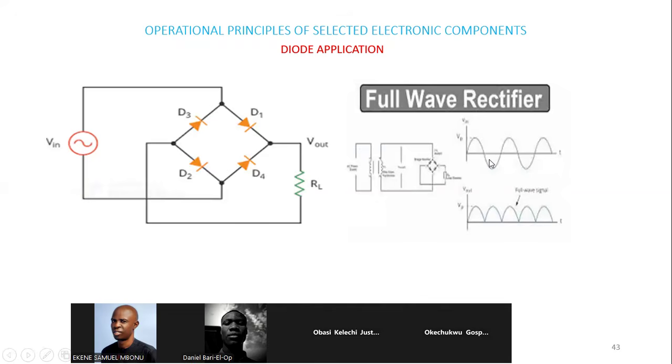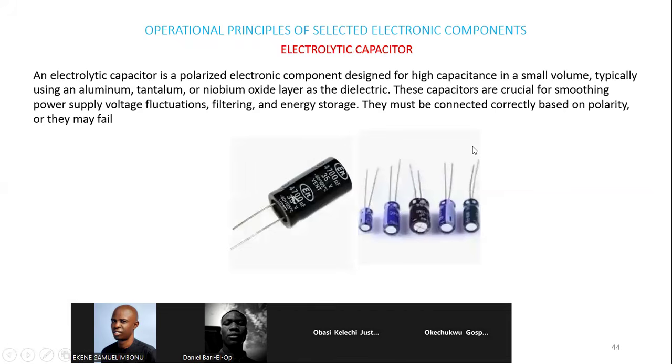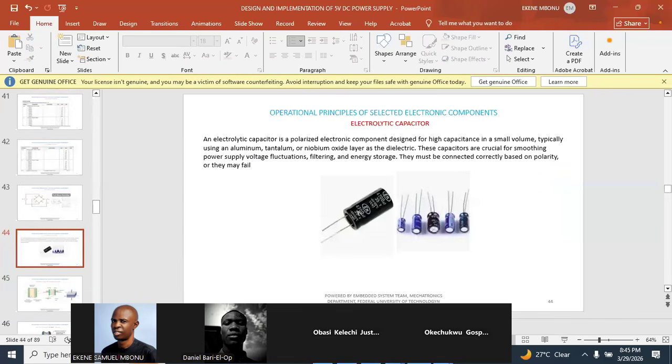Later, you will see that the frequency of this output is actually twice the frequency of the source. Let me see if we can run a simulation.